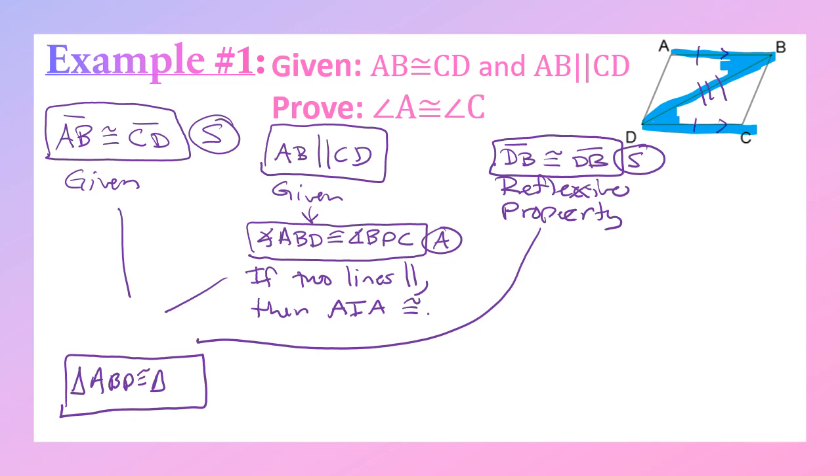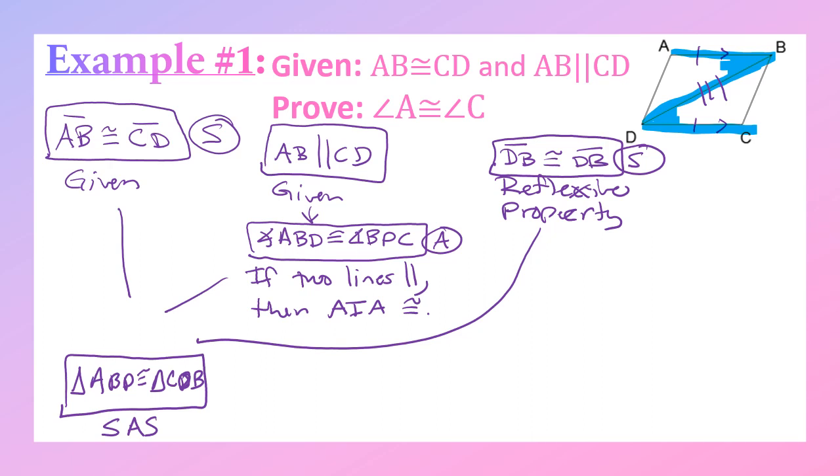So take a minute and look at the picture. If I went from A to B and then B to D, what order does my second triangle need to be in? I think it needs to be C, D, B. And I know that those two triangles are congruent from the side angle side property.